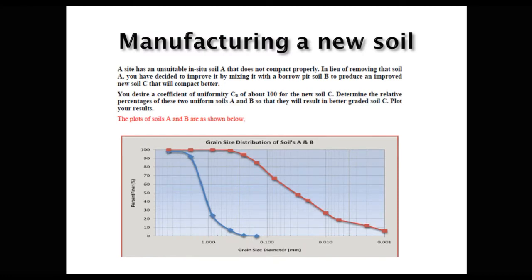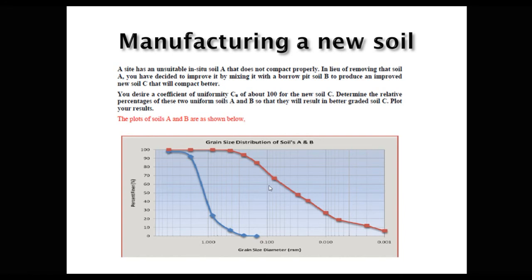Now this is a very interesting example because we have two soil types here, and what we are trying to accomplish is to manufacture a new soil using the two soil types, soil type A and soil type B, and here is the gradation for that.